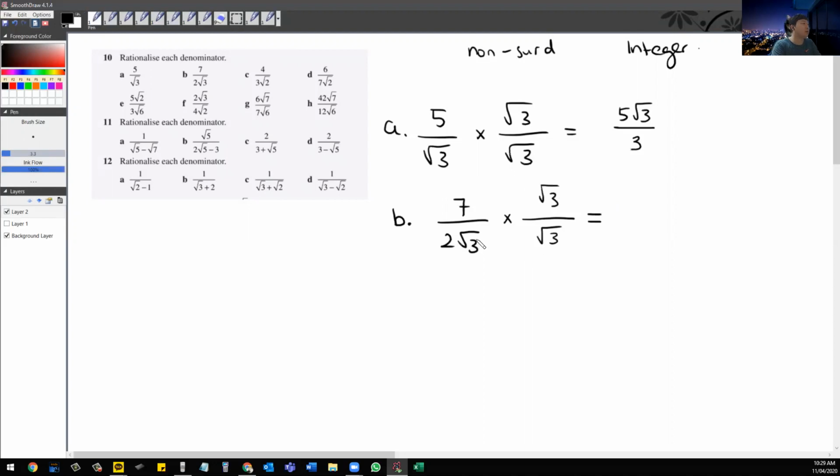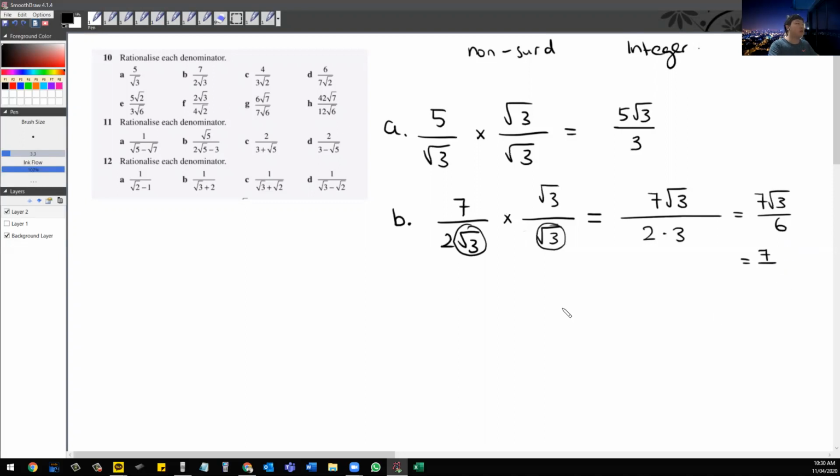Because if you multiply that by that, you see how that becomes just 2 times 3, because that allows it to come out of the square root, and the numerator becomes 7√3. So this will be 7√3 over 6. Of course, you can write this as 7 over 6 times √3, but no one writes it like that.